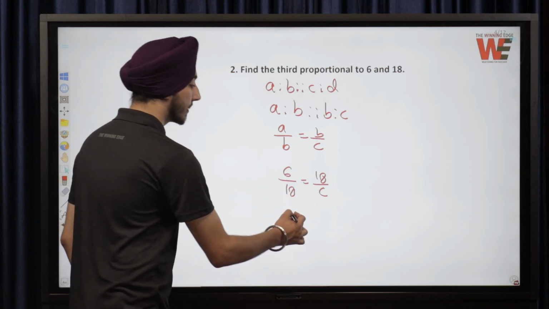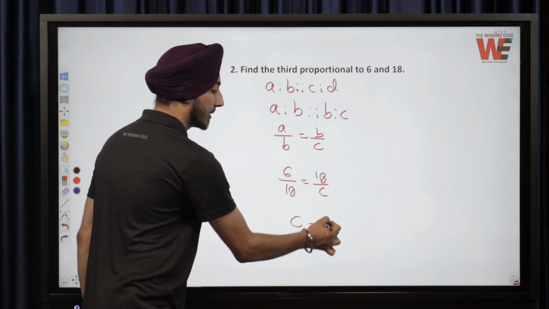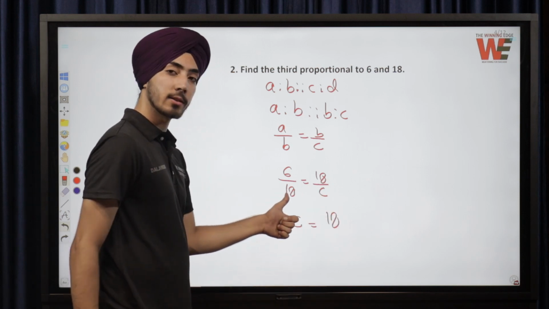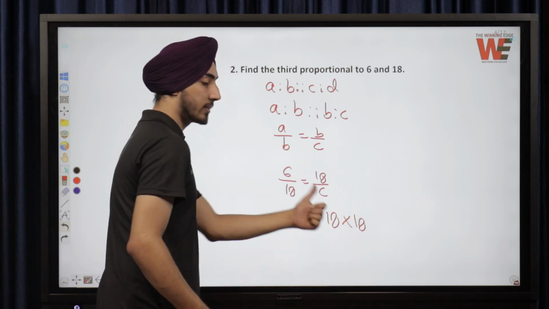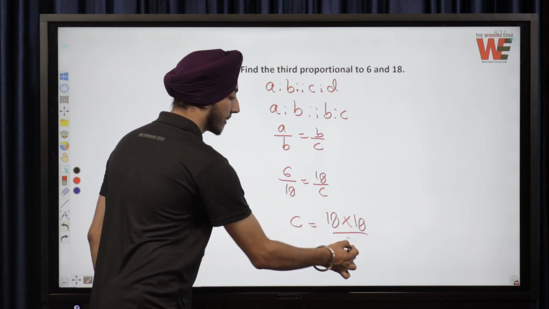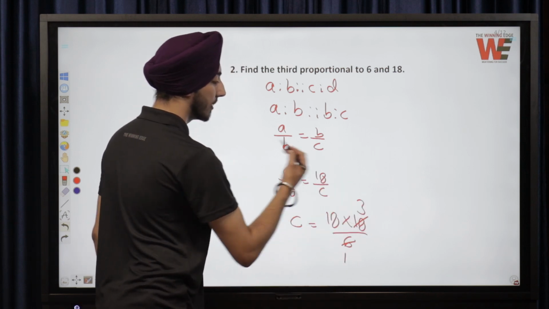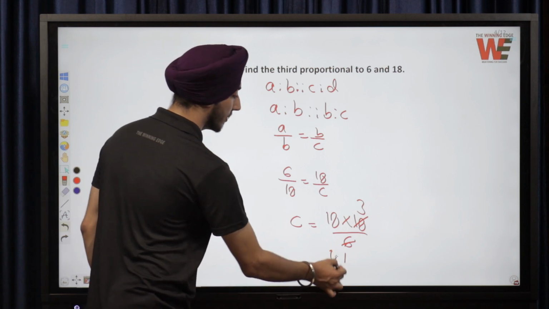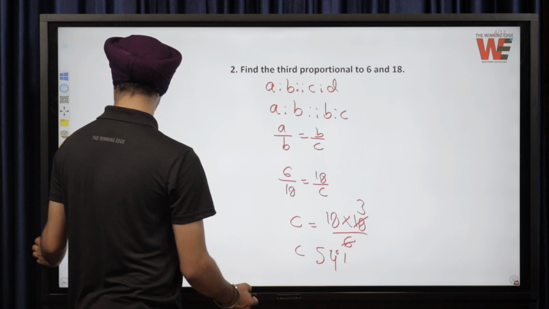C will come this side in the numerator. This 18 is in the denominator, so when it comes here, it will come into the numerator: 18 into 18. This 6 will go into the denominator. Now 6 1s are 6, 6 3s are 18, and this is 54. So C comes out to be 54.